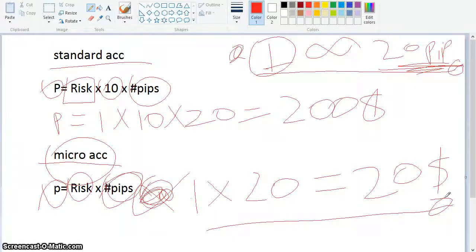If you also want to move 20 pips but make that $200, you're going to have to risk more. So instead of risking 1, you might want to risk 10, because if you risk 10, then you will make $200. So that's the difference between the micro account and the standard account.